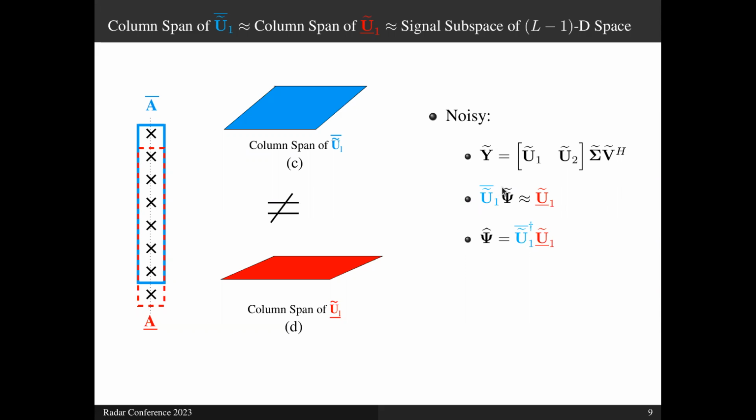If we take the dominant left singular vectors and evaluate the psi matrix, we can get an estimate of the spatial frequencies of the targets of interest. But they are not going to be accurate because, unlike the noise-free left singular vectors, these singular vectors do not have the shift invariant structure. The column spans of U1 top and U1 bottom are not exactly equal as shown here.